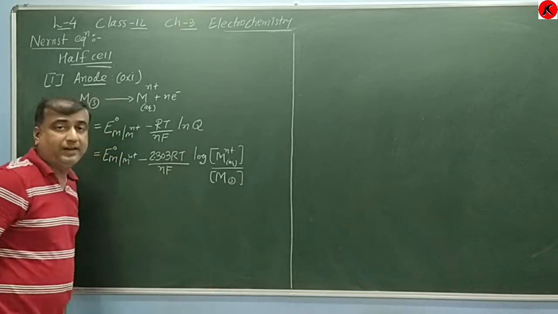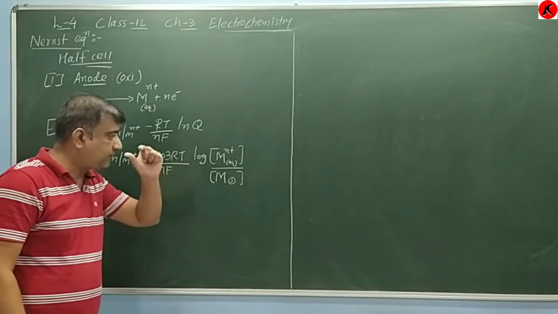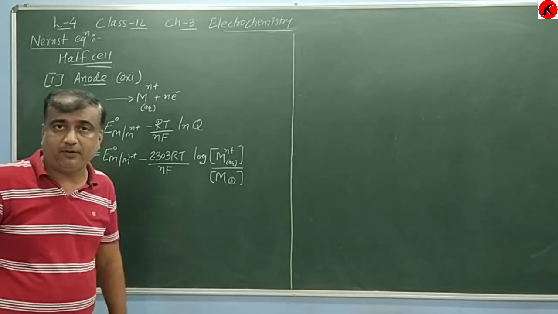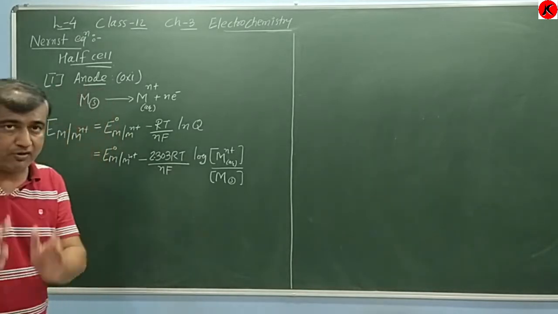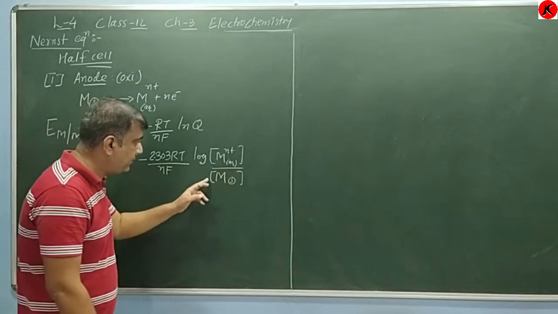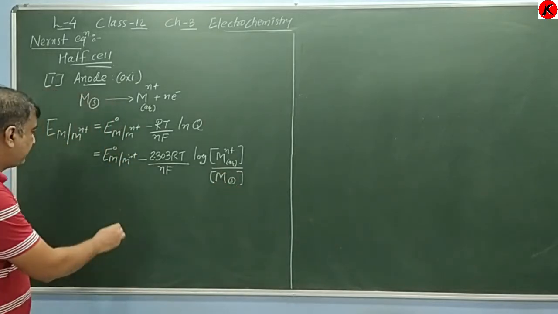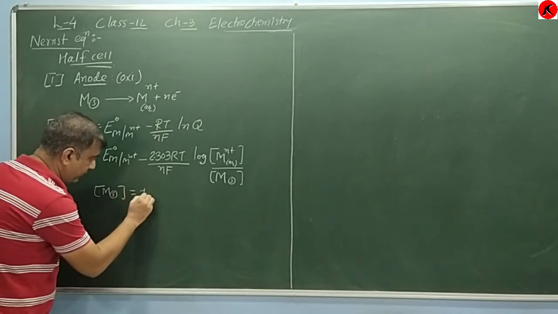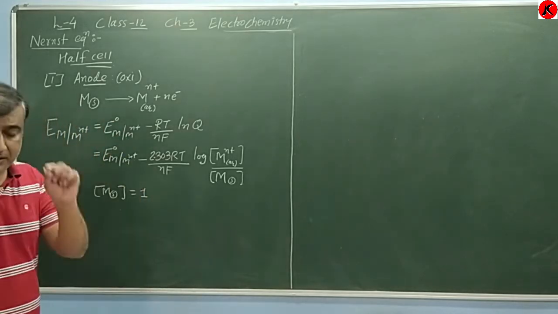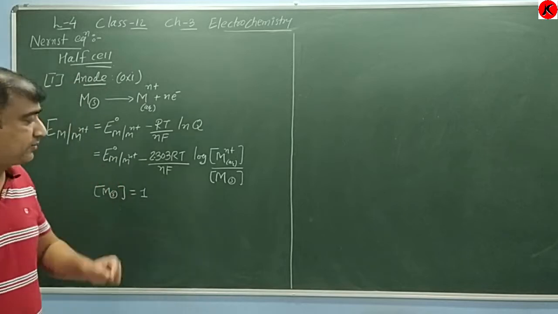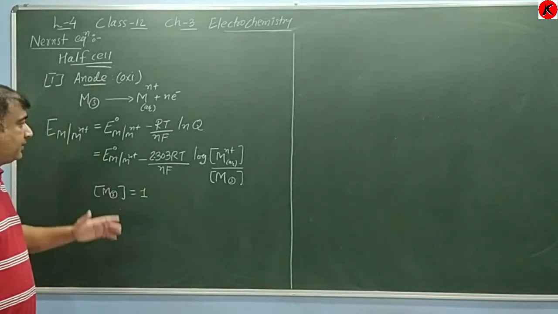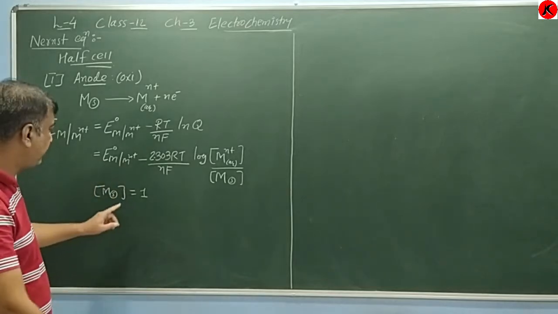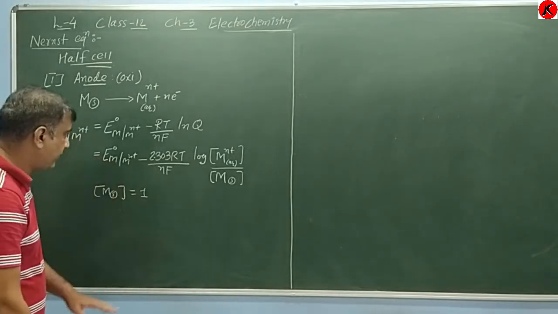But we know very well that the concentration of a solid substance or a liquid at a particular temperature remains constant, so it is taken as unity. That means this is equal to 1. Remember, a species in solid or liquid form in a reaction is always taken as unity.